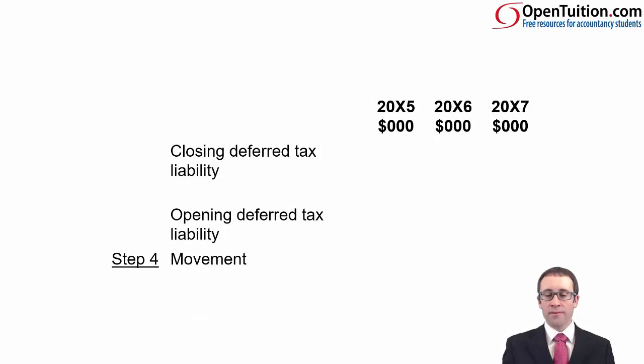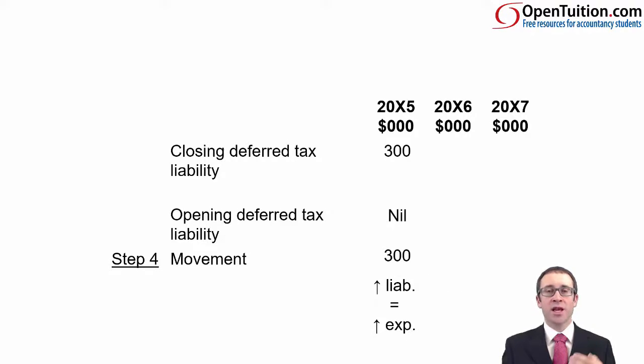So what you've got there is the closing liability is 300. The opening was there as 0. So that movement is 300. That movement of 300 is an increase in the liability. So I have credited the liability. The other side of the entry is to my tax expense in profit or loss. So I debit my tax expense.